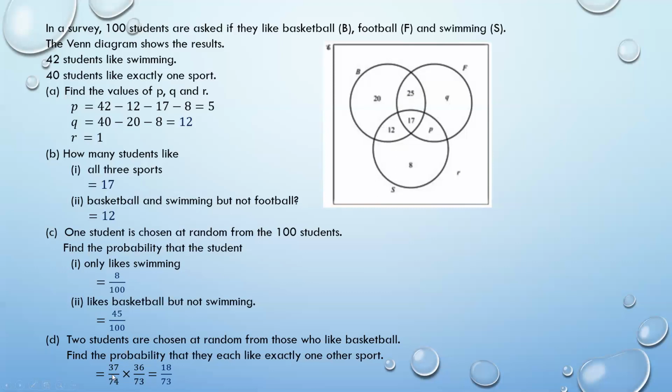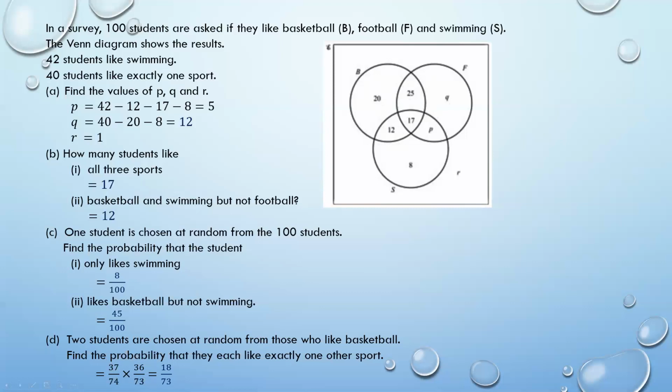So first choose one student. It's 37 over 74. 74 is the number of students who like basketball. After you pick that person, imagine you leave them outside. You cannot put them back, right?